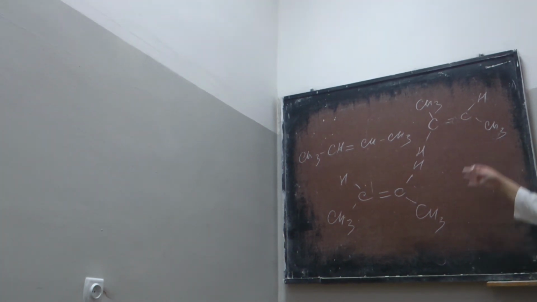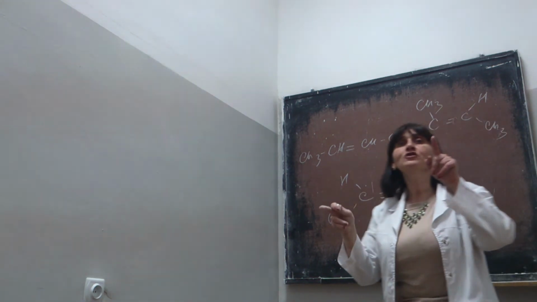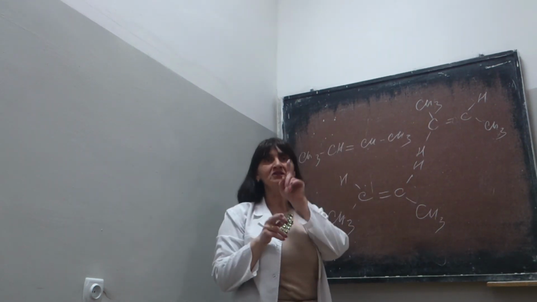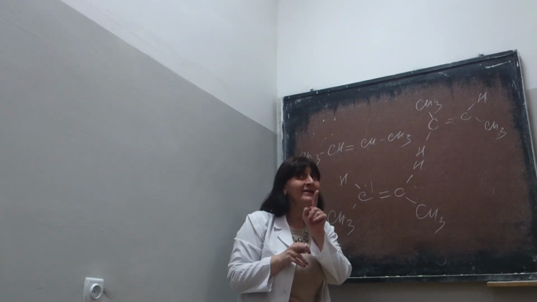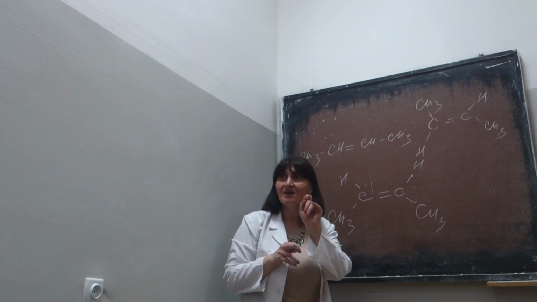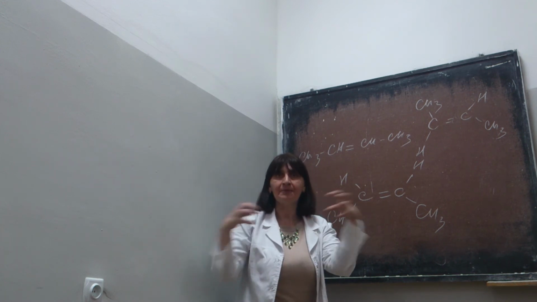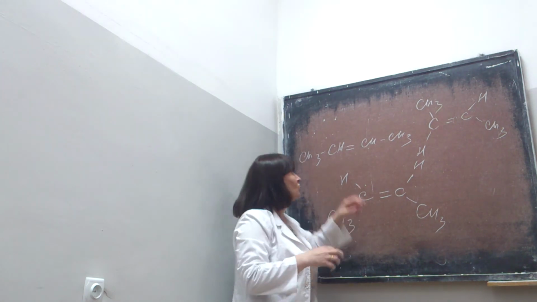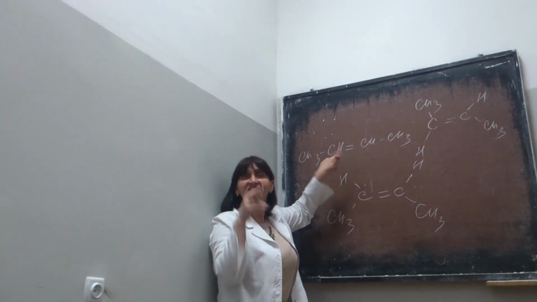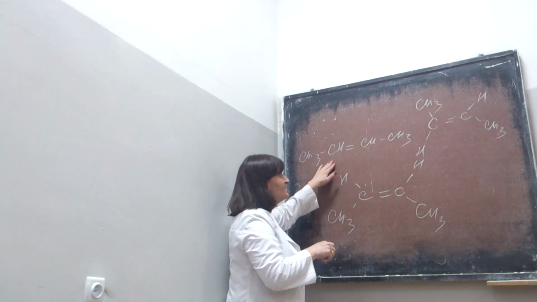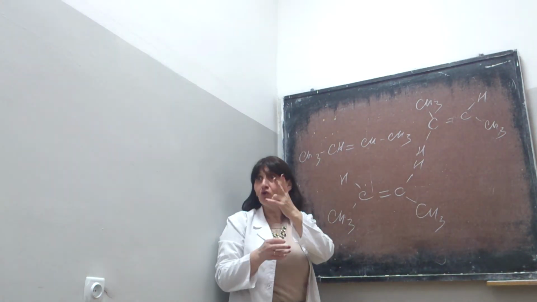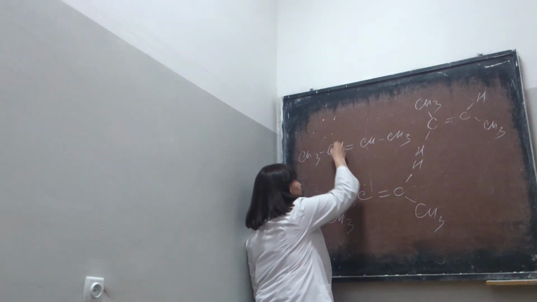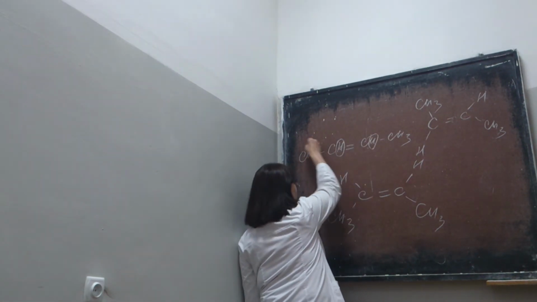This is an example of geometric isomers. Once again, for discussion about geometric isomers, you need at least one pair of same substituents bonded to the carbons in the double bond. In this case, you have two pairs: H and CH3.